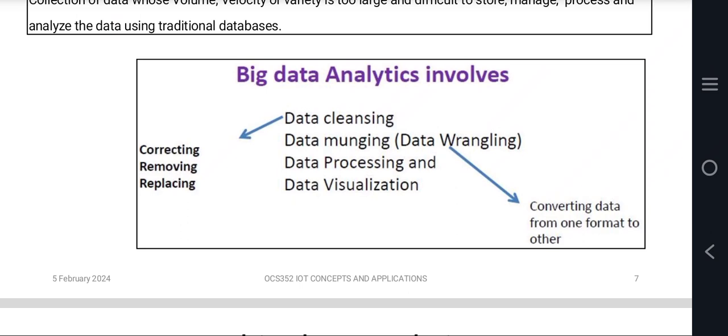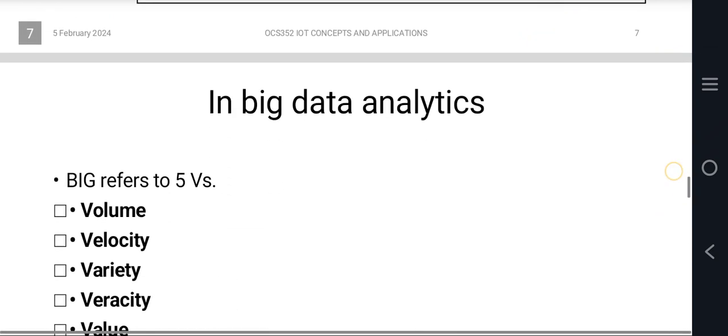The unwanted data should be removed. Some data can be replaced. Next, data wrangling. Convert the data from one format to another. Third one is data processing. The final one is data visualization.